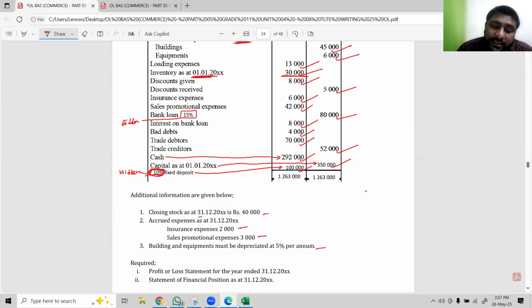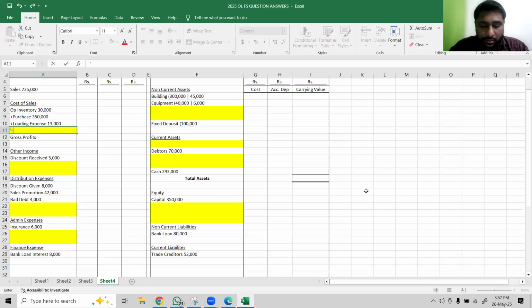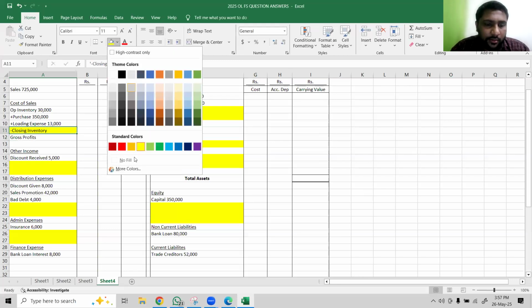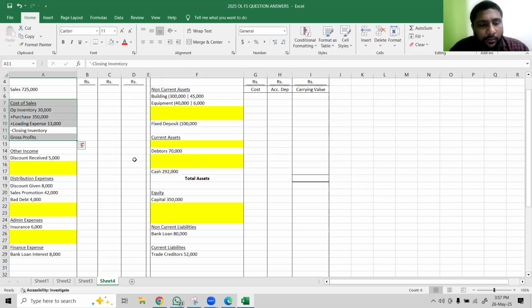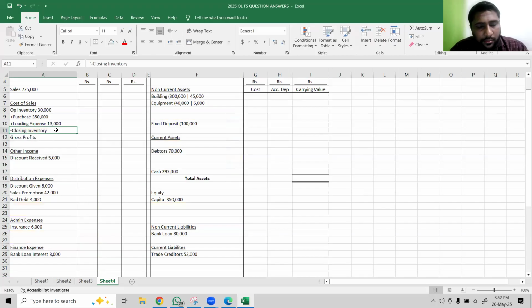Closing stock, 31st December. 31st December is the last day, no? Closing stock 40,000, two places. Under the cost of sales, closing inventory $40,000.